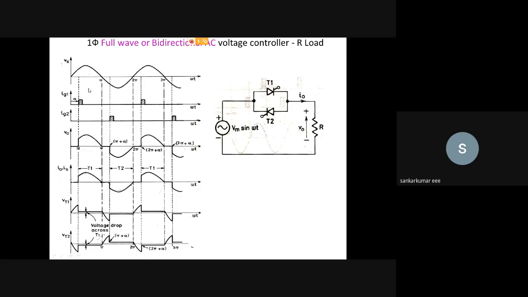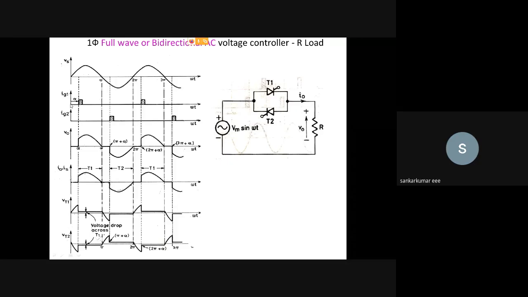For T1 the conduction period is from 0 to pi, but we can delay the firing angle alpha from 0 to pi so that we can vary the output voltage. Similarly for T2, the firing angle can be varied from pi to 2 pi. Depending on that, the output voltage can be varied, right?